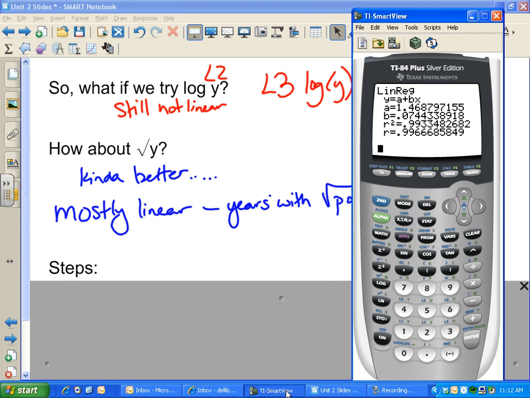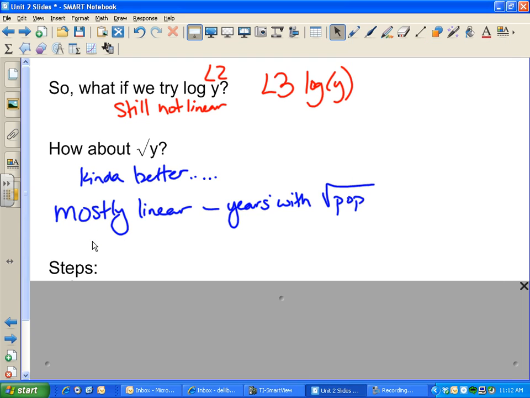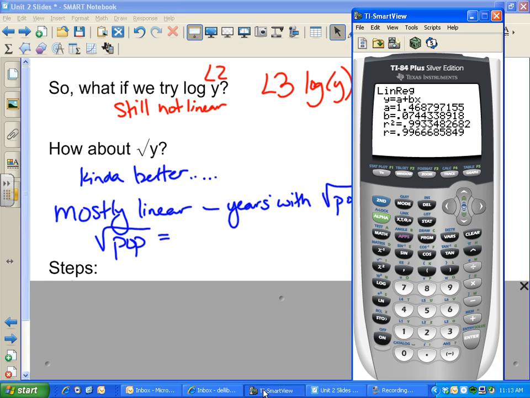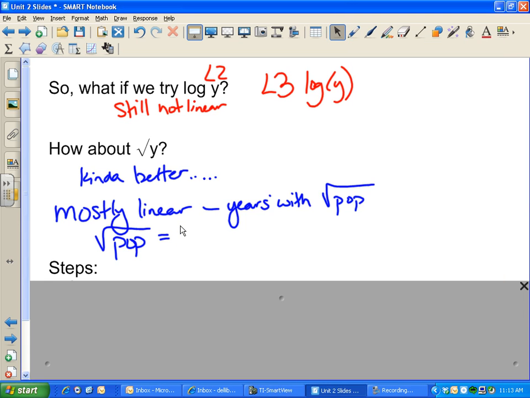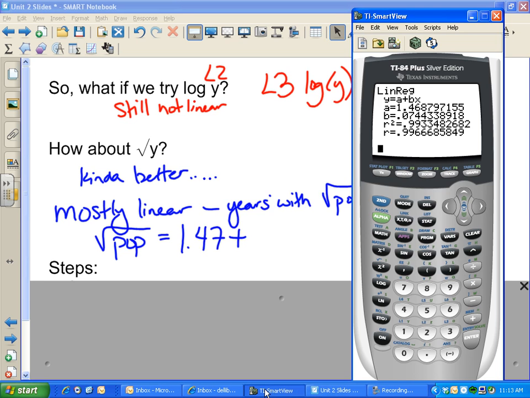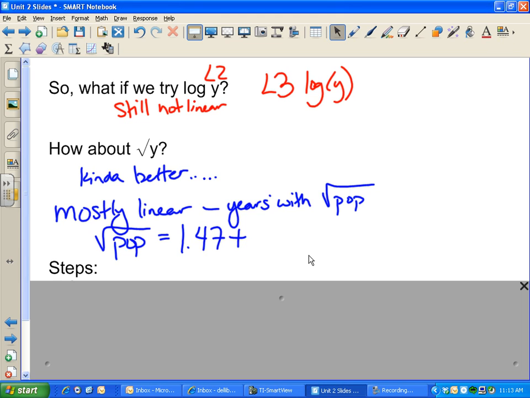Instead of my y being the population, my y is now the square root of the population. And it's 1.47 plus 0.07 times the years. And remember, I did years since 1800. Of course, I'll put a little hat on top of that y to remember it's still predicted.